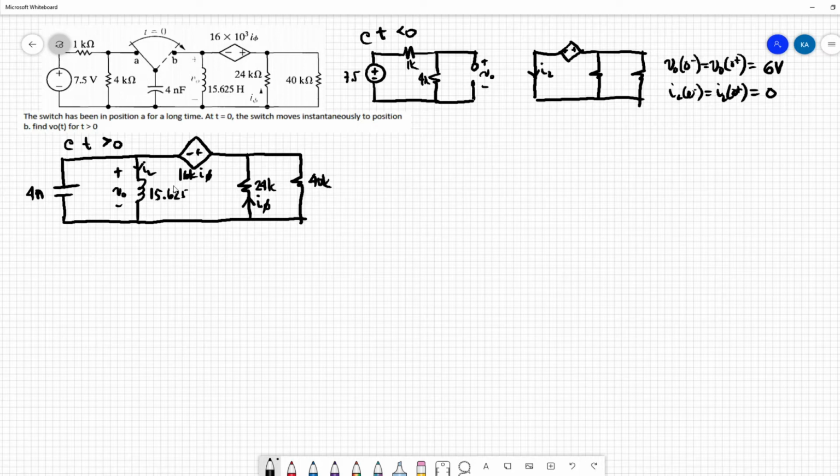Our circuit is not classified as a simple series or parallel RLC circuit, so we need to solve for the expression for v of t.